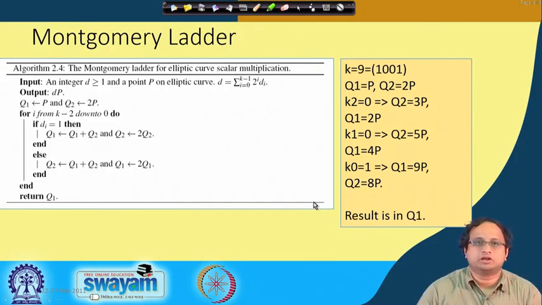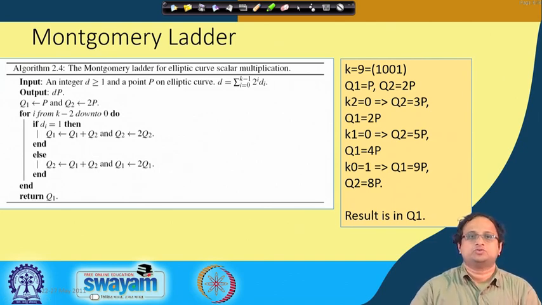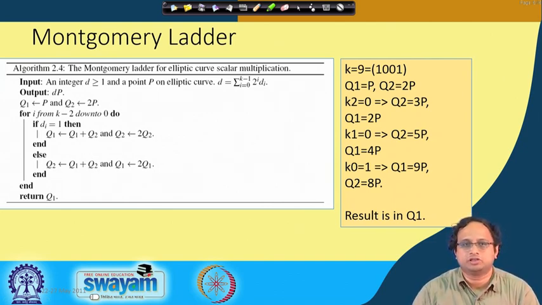So, this is what is called a Montgomery ladder. In Montgomery's ladder, this is a type of algorithm where you do both doubling and addition. The interesting thing is that you can implement it in a very efficient manner.